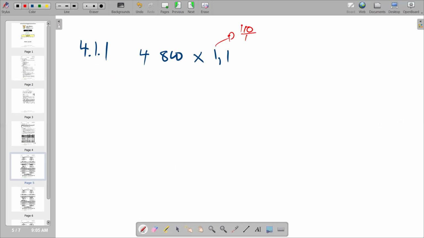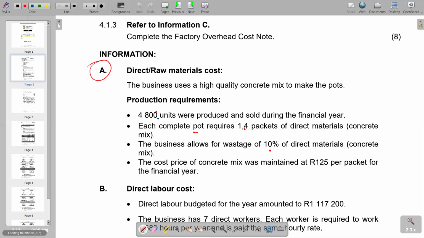We divide by 100, so it becomes 1.1. And remember, we discovered that there was a 10% that was lost that we want to take into account and include, so that we get the material before the production. So we multiply there and see what we get.